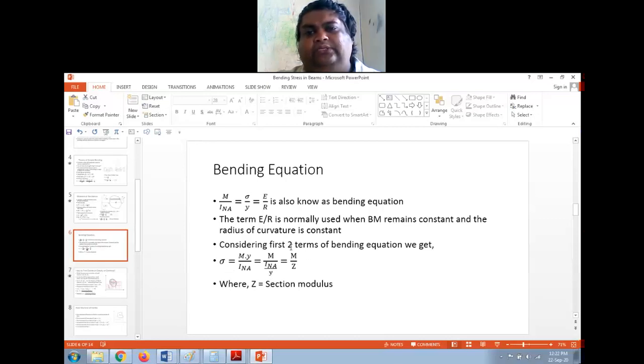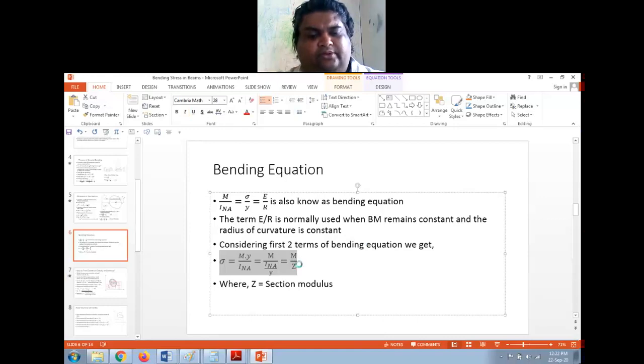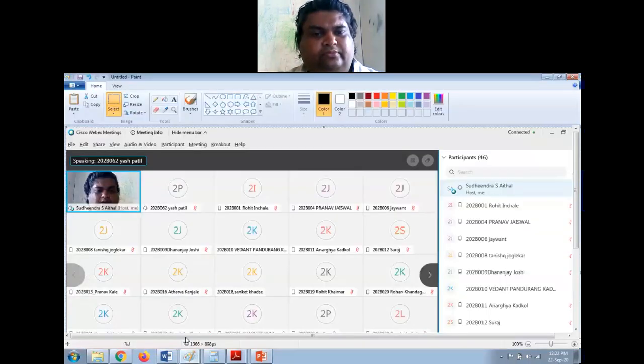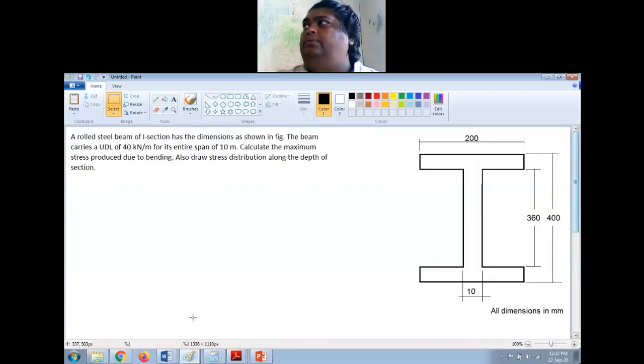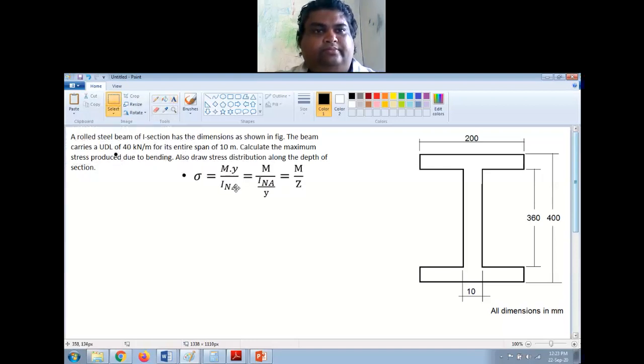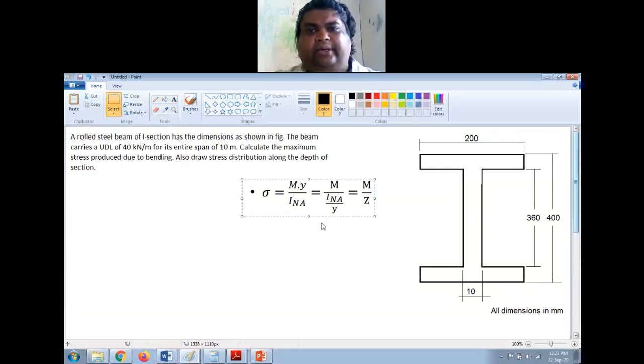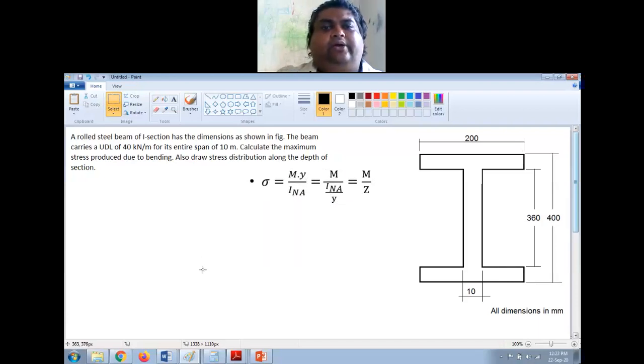So we'll be using this equation for calculating all the stresses. Copy this from here. Right, this is my bending equation. I'm keeping it here for reference. Okay, now let us start.